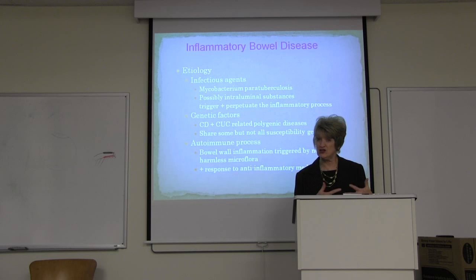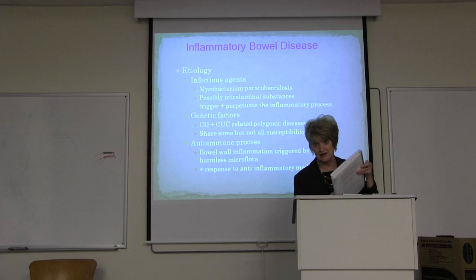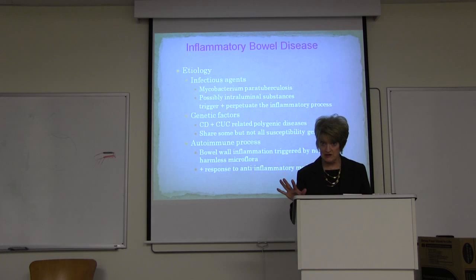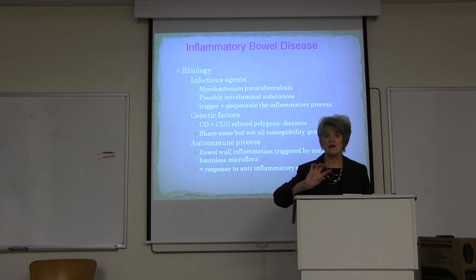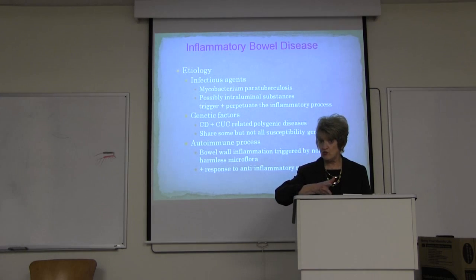And for a patient who's genetically predisposed, it can be very hard to turn it off again. So again, you keep coming back to genetic predisposition that makes that patient very high risk for this abnormal response to the bacteria in the bowel.